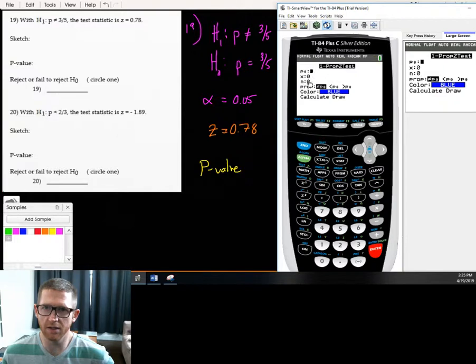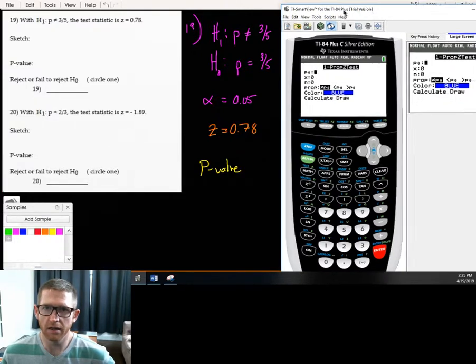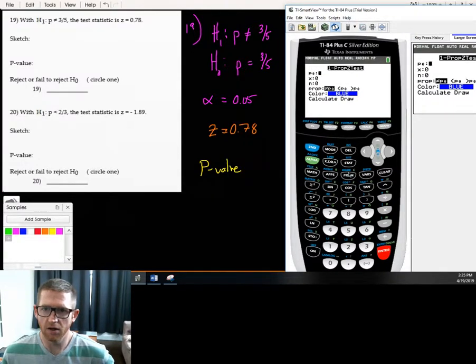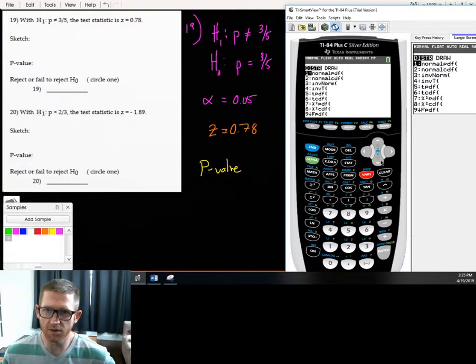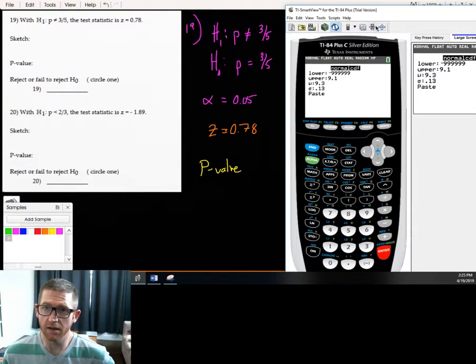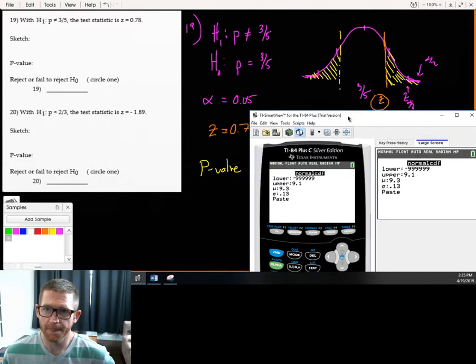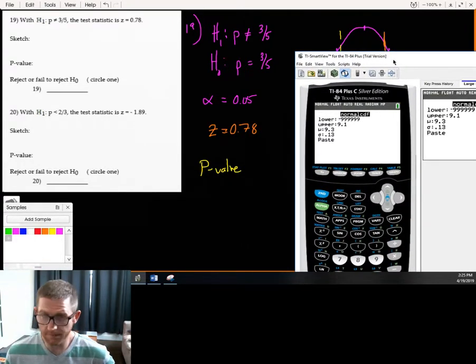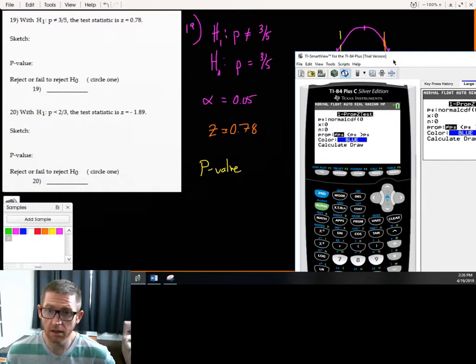You need the X value, N size, and all that other good stuff. What we can do is look at the distribution, and we can look at the normal CDF to get the area between 0.78 and a very large number with a mean of 0 and a standard deviation of 1.